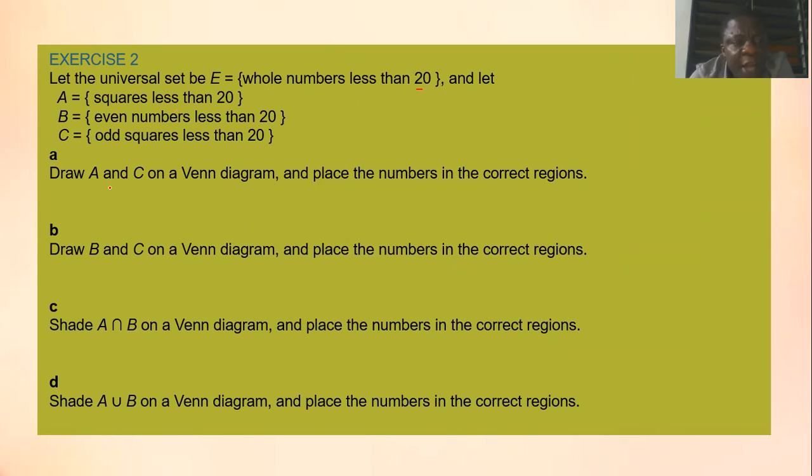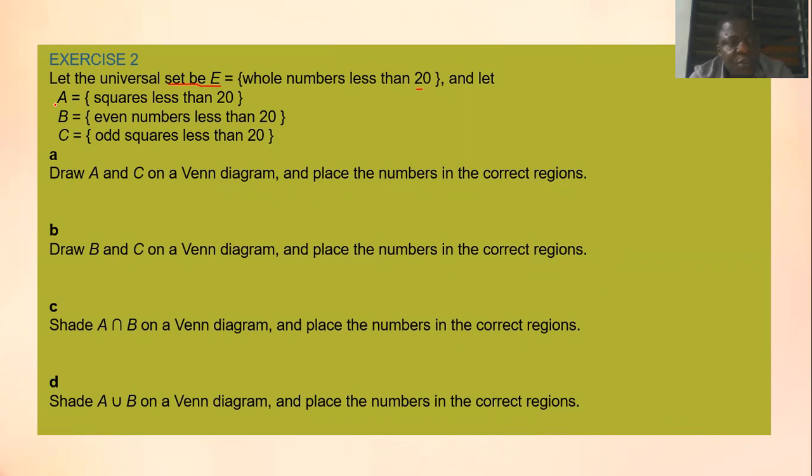And it says draw a diagram for A and C and place the numbers in the correct regions. Meaning A, B, C are all subsets of the universal set E, which means that when you are drawing the Venn diagram, E should be the rectangle.